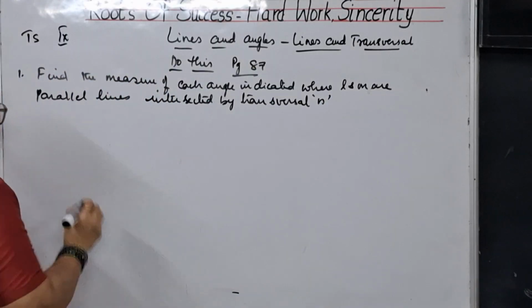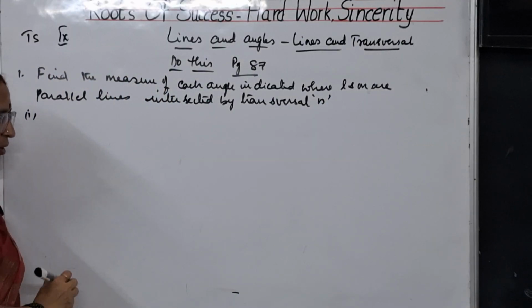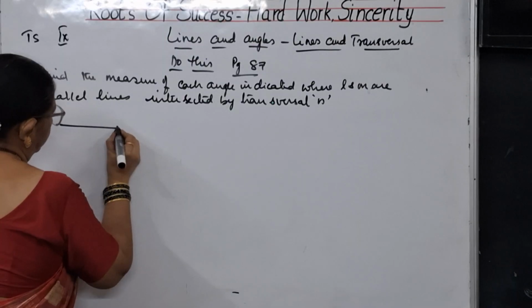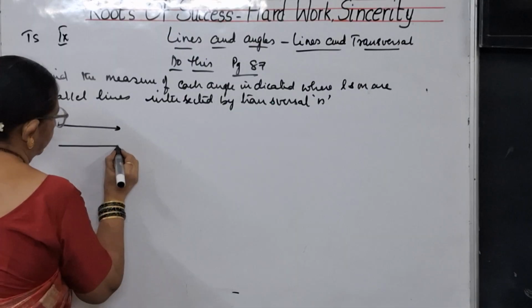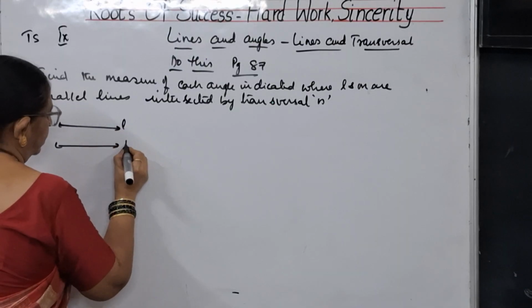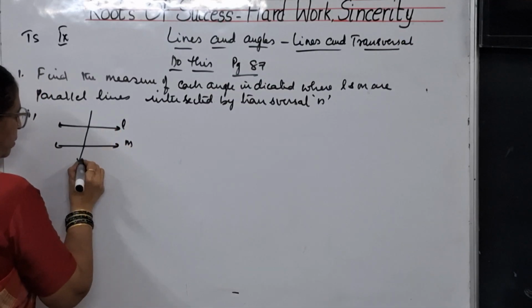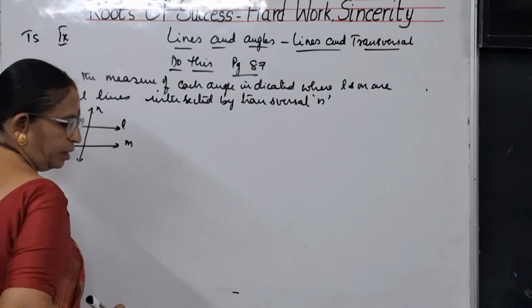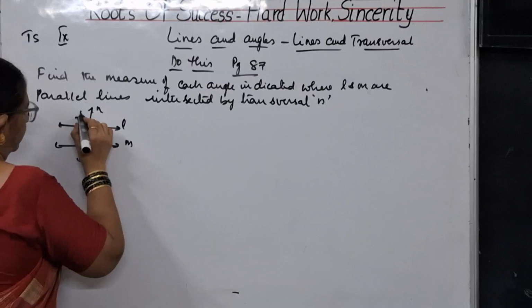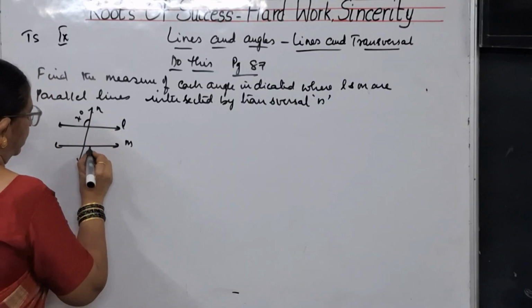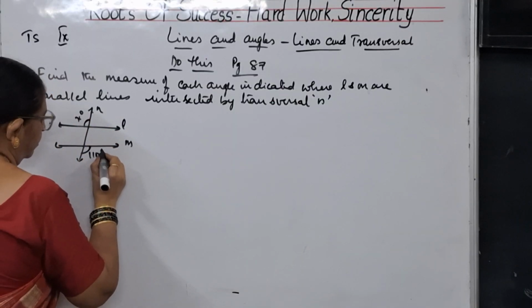You have got various figures. The first figure, you have got two lines, line L and M, and this is a transversal N. Here they have given x degrees, and then here they have given 110 degrees.